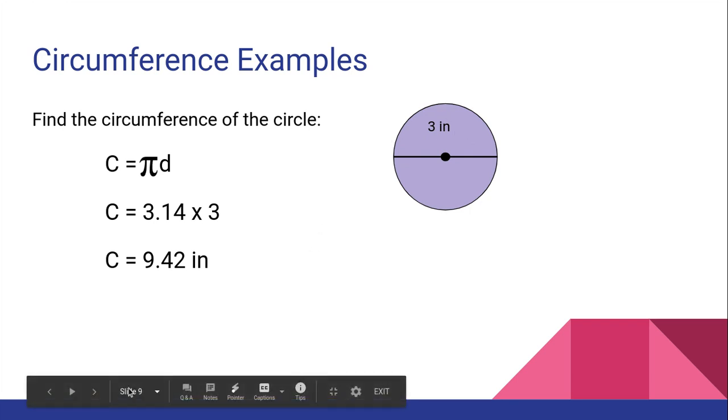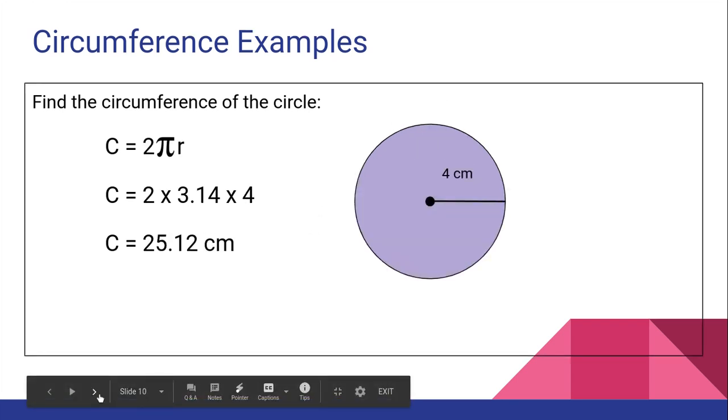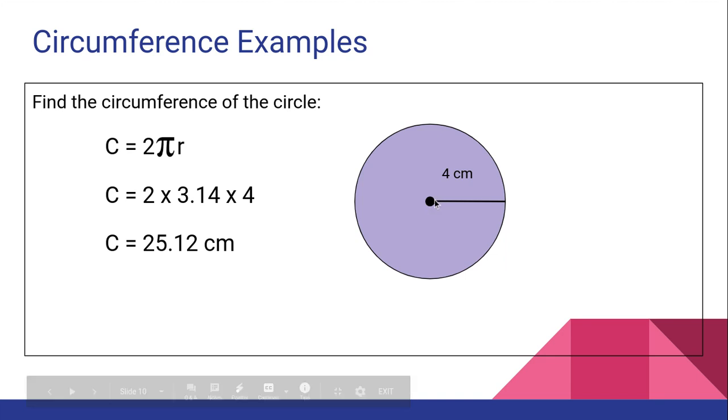Okay, let's do another example. When you're given the radius, so notice the difference here. We have our point in the center to the outside. This is a radius. Have to know the difference between a radius and a diameter. When we're given the radius, we're going to do 2 times 3.14.